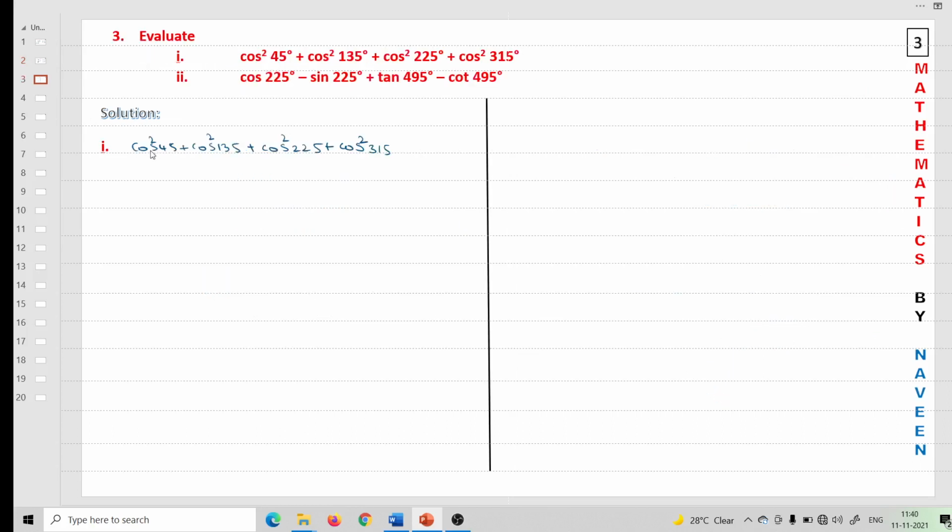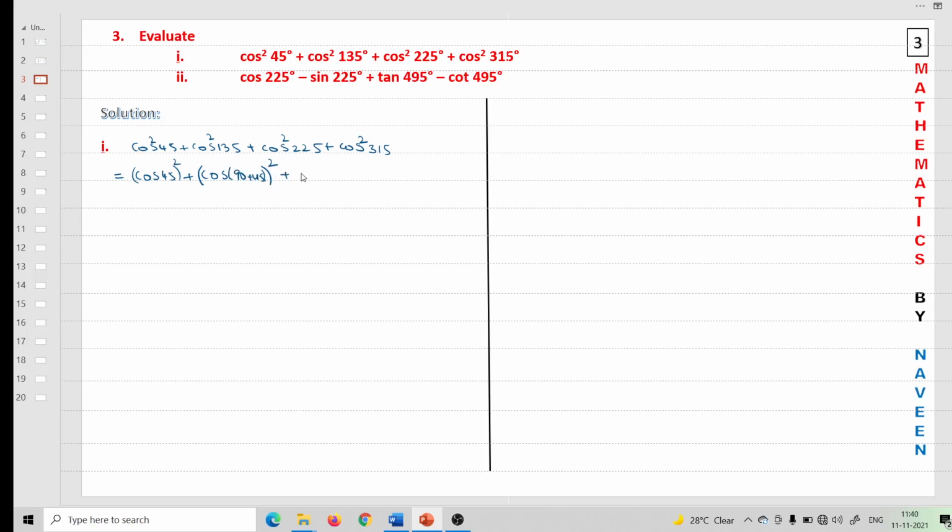Next problem, evaluate these two. In that first problem, cos square 45 plus cos square 135 plus cos square 225 plus cos square 315. So I am writing cos square 45 as cos 45 whole square, plus cos square 135 as cos 135 whole square, and 135 can be written as 90 plus 45.